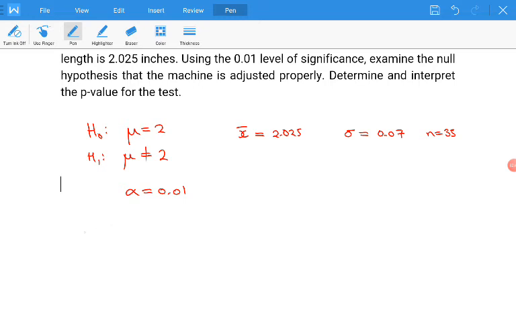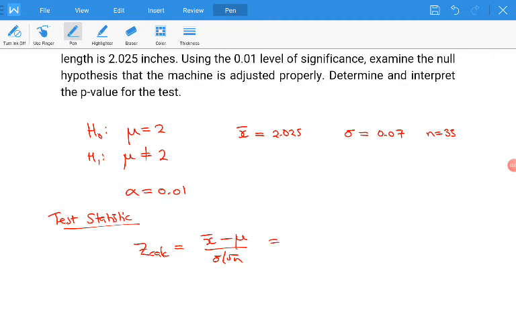So our test statistic is given by z calc, the test statistic. Z calc is equal to x bar minus mu over sigma over root n.